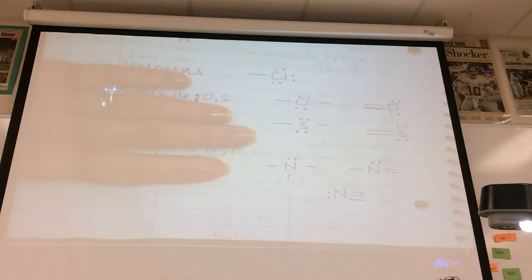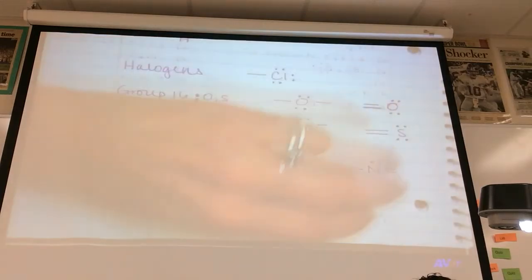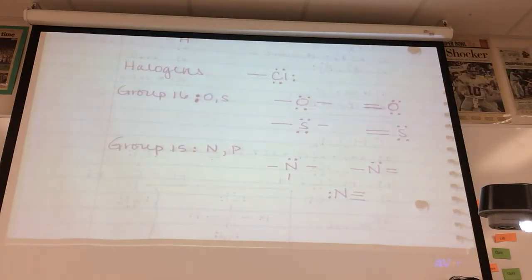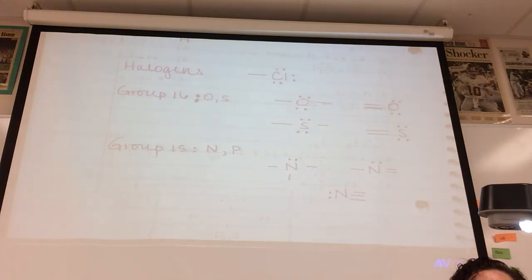This will make more sense when we get into double and triple bonds next time. But there's a couple of helpful hints. And what I would like you to do is to try and draw the last 2 compounds in your notes.